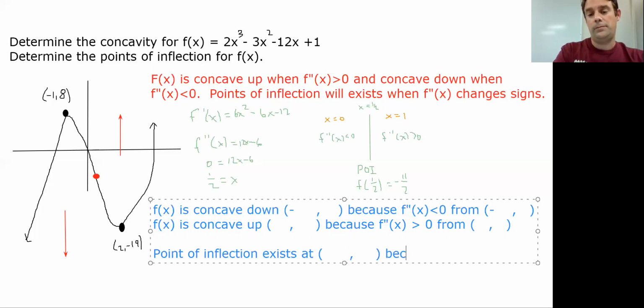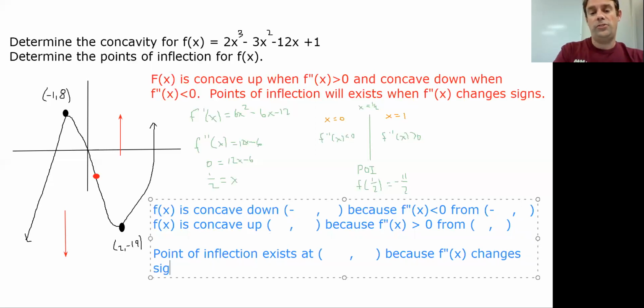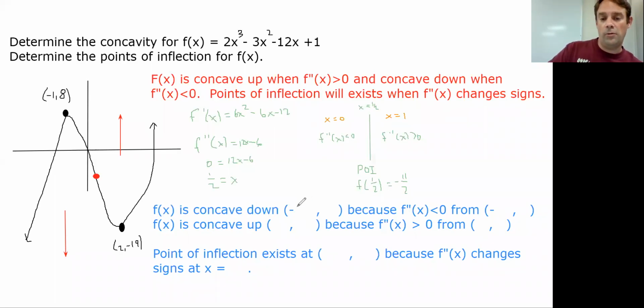Because the second derivative changes signs at x equals. Now notice, as I write all my fractions in there, from negative infinity to 1/2 it is concave down because the second derivative is less than 0 from negative infinity to 1/2.